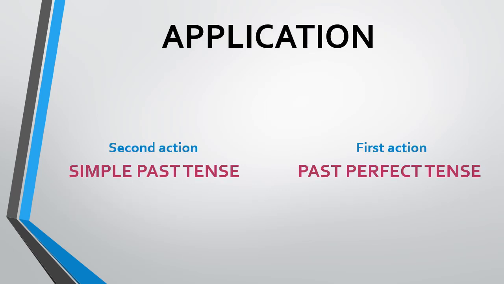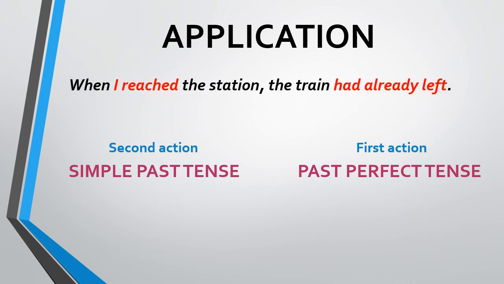Let's apply simple past tense and past perfect tense in our example. The example is: when I reached the station, the train had already left. The verb reached is the action that took place second, and had already left was the action that took place first.